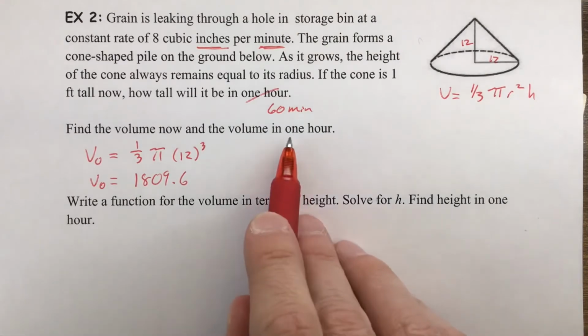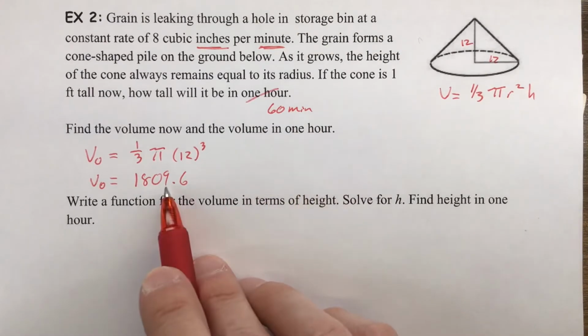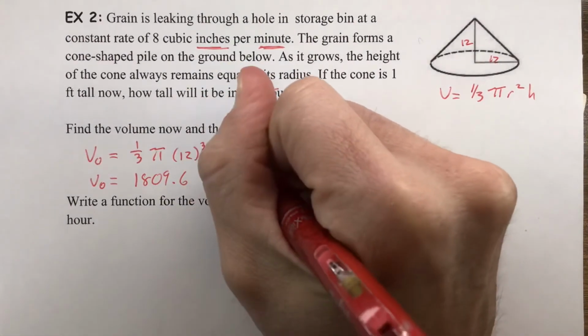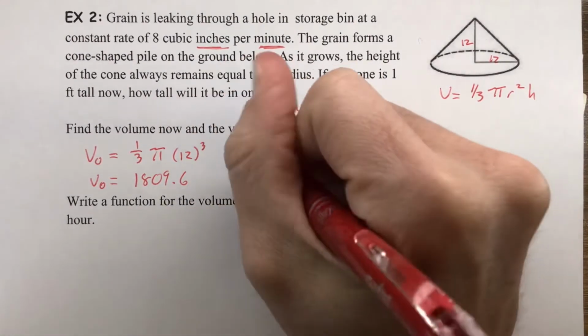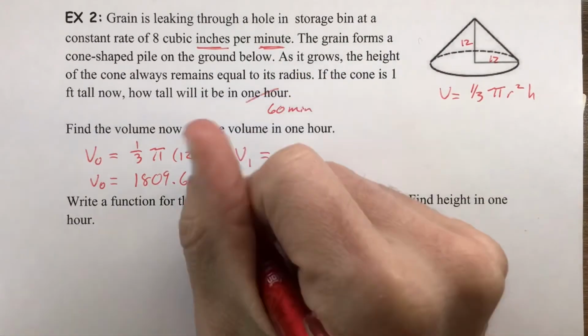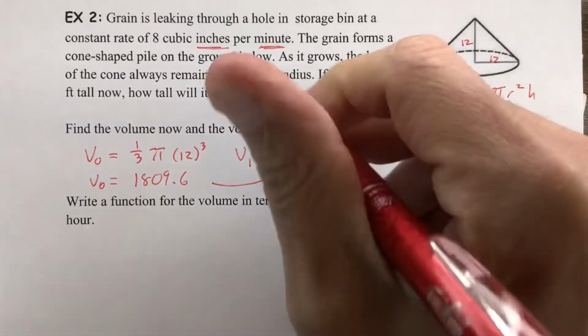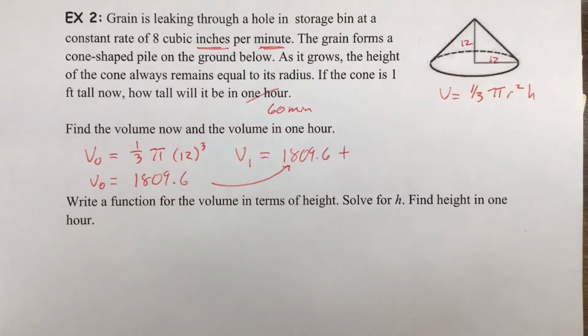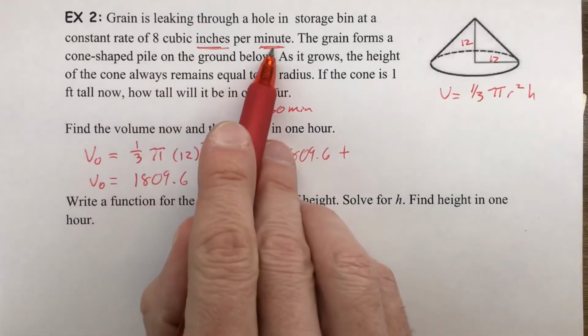In 1 hour, the volume's going to increase from here. So in 1 hour, let's call this V1. We're going to need to take the current volume and add on to it the amount that it will accumulate over 1 hour. That goes back to the 8 cubic inches per minute.